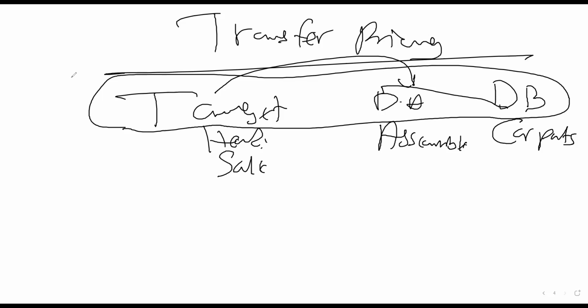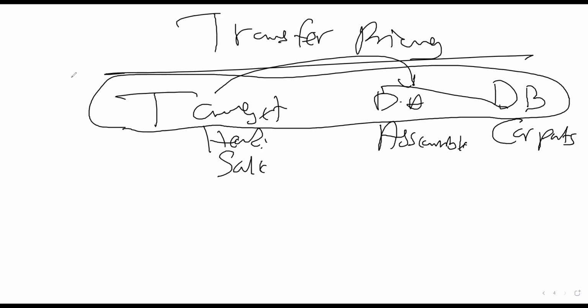At what price? So that is what you call transfer pricing. Transfer pricing is a price at which a selling division will charge to transfer goods to a related party. It's all about related party.